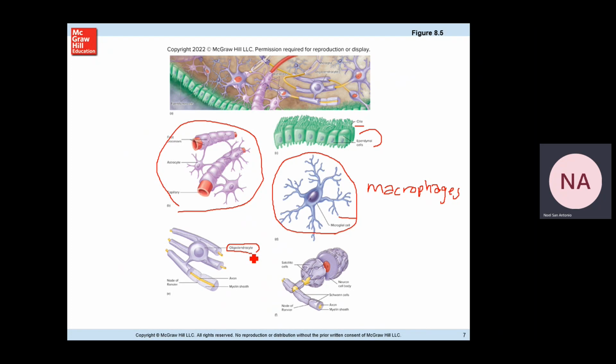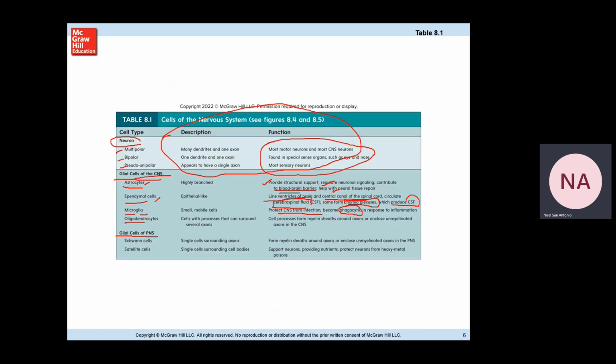Oligodendrocytes function to produce myelin sheath in the nervous system. Where do you find the myelin sheath?